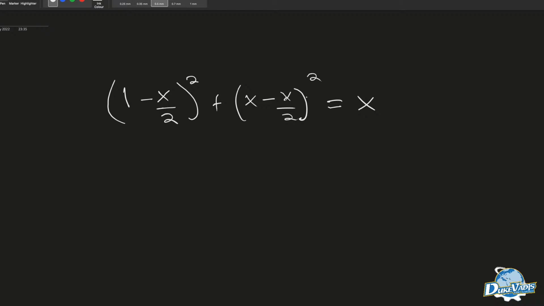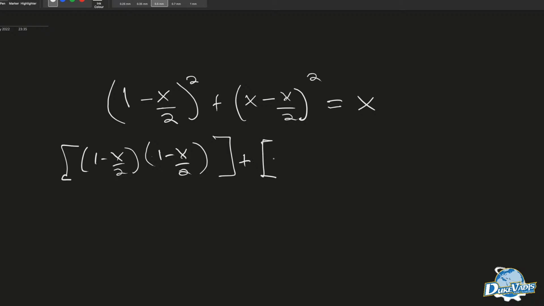So this one is always good to take your time and expand it properly. So for sure, this one will be (1 - x/2)(1 - x/2), and that helps you, it makes it easier.